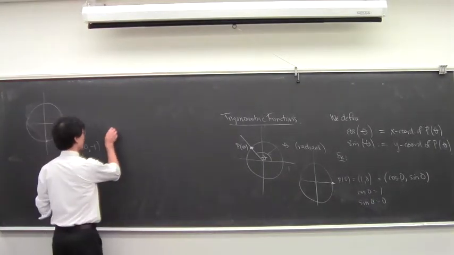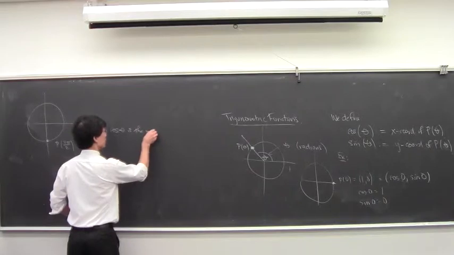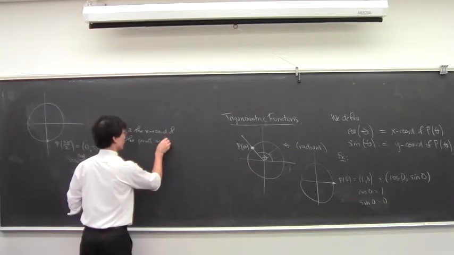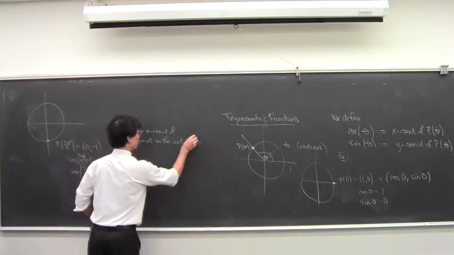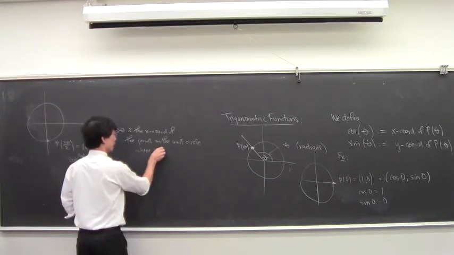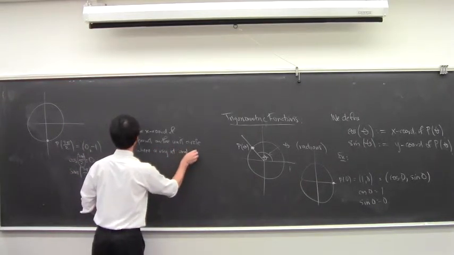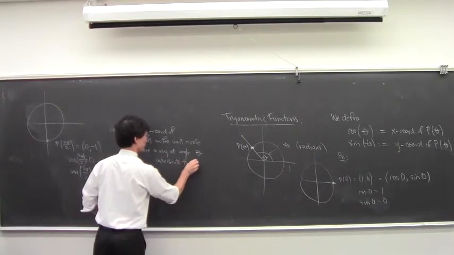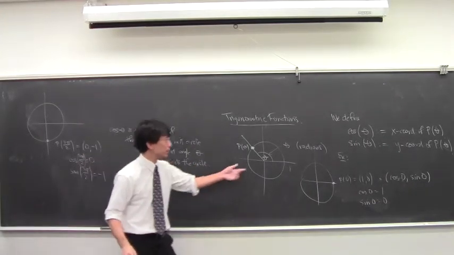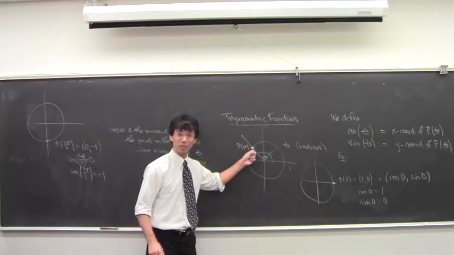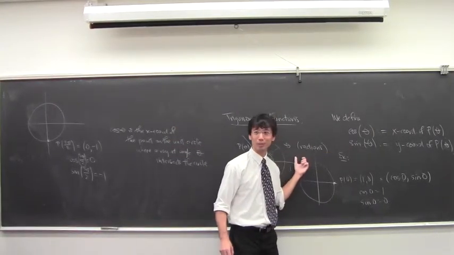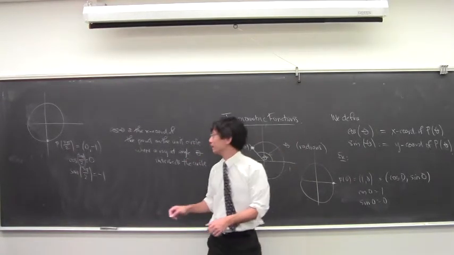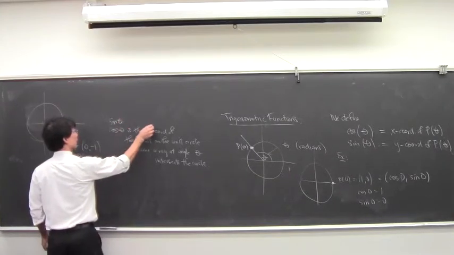In English, cosine theta is the x-coordinate of the point on the unit circle where a ray at angle theta intersects that circle. And it's easier to just say it like this: look at this point. Cosine is the x-coordinate, sine is the y-coordinate.